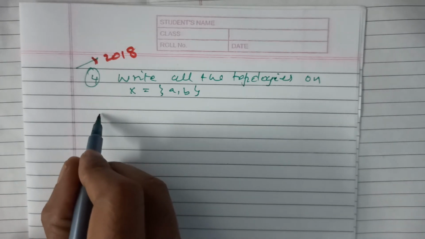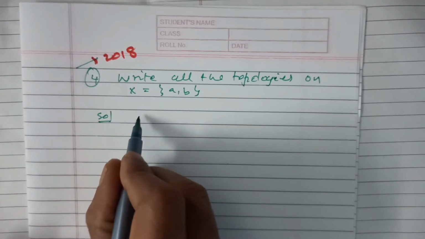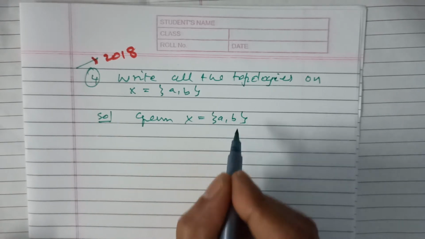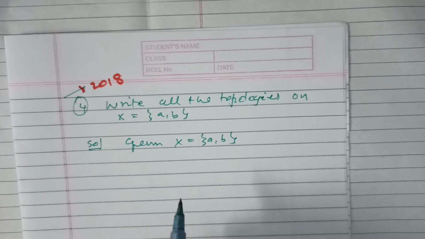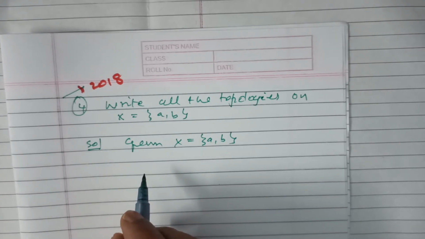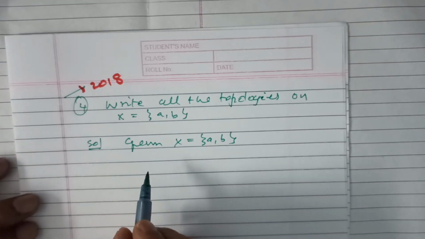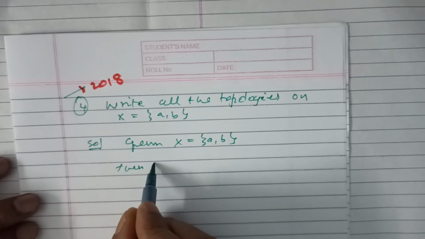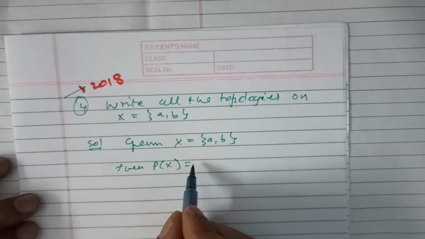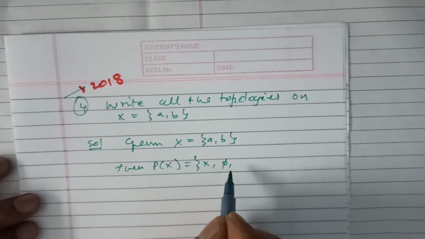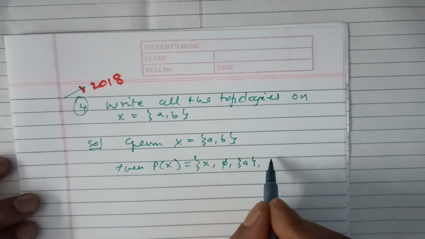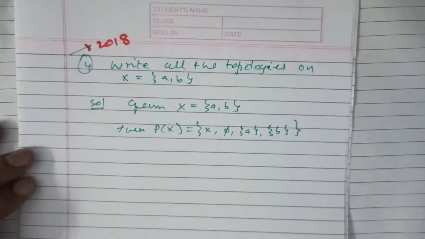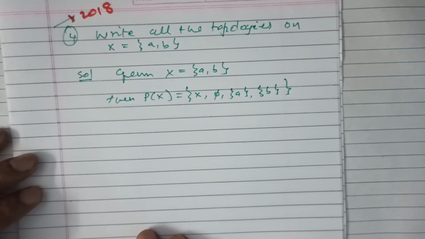See that now all the topologies we will write. Given X is equal to set of A comma B. P of X is the power set. Then P of X is equal to set of X comma phi comma set of A comma set of B. This is P of X.